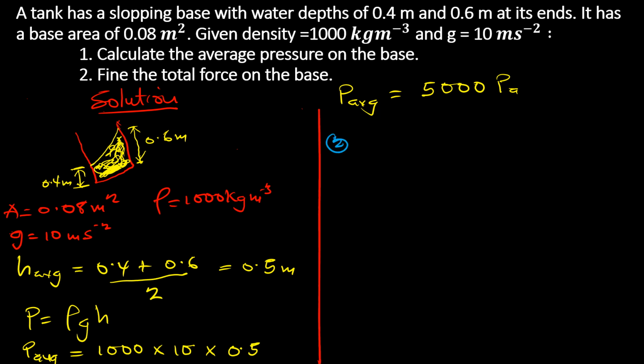Okay, let's move on to question 2. Question 2 says we should calculate the total force on the base. So for the total force on the base, we have pressure, which is P, to be force over area. So by making the force, which is F, the subject, F will be equal to pressure times area.